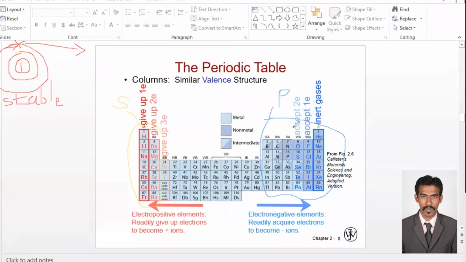And in between these two, there are a certain number of elements. These we call D block elements, or usually transition elements also.